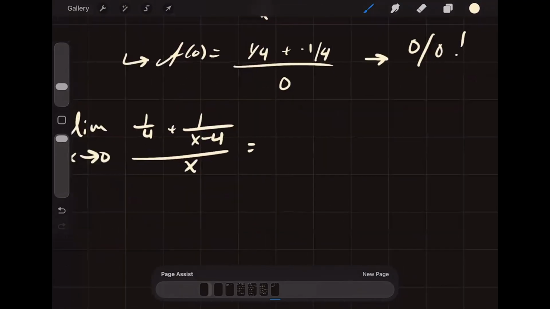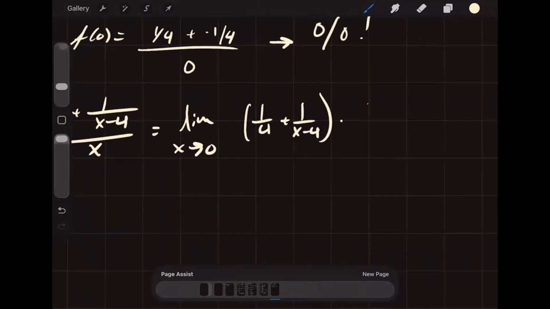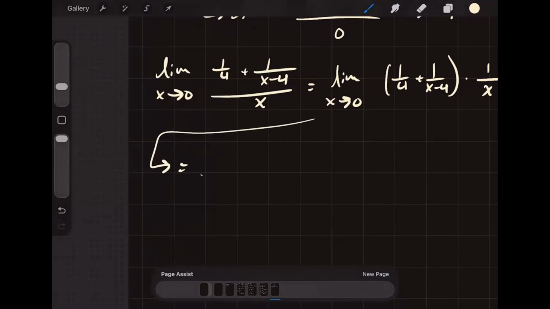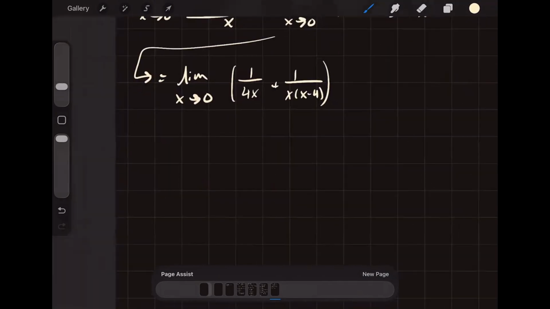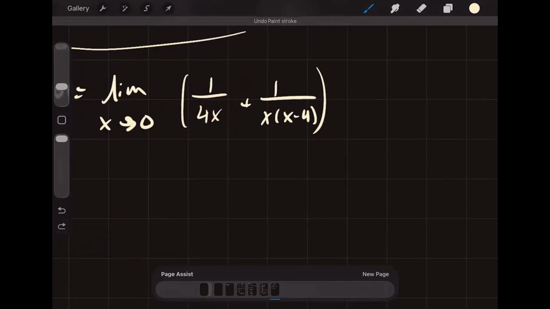Let's do some keep, change, flip magic: keep, change, flip, which gives you the limit as x approaches 0 of 1 over 4x plus 1 over x times x minus 4. They don't have the same common denominator, and that's okay.